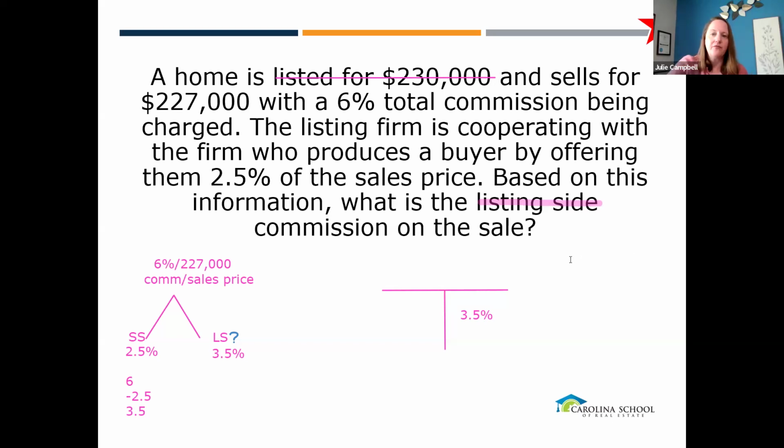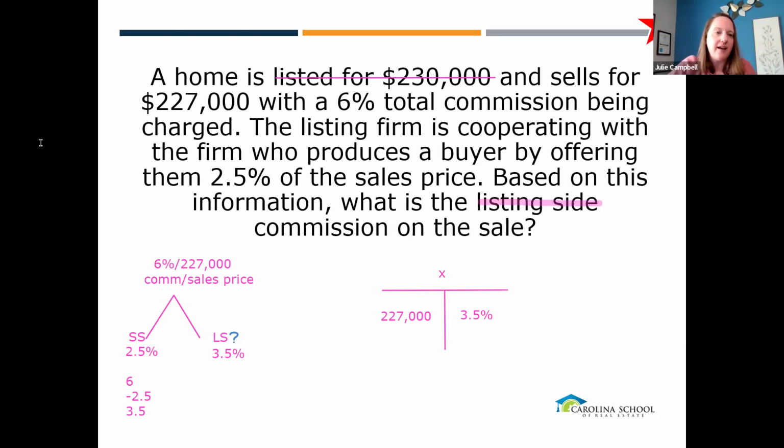So now we can fill in the rest of our T-bar, part over the whole. So I'm dealing with what the listing side's getting, and I'm dealing with the sales price. Which one's smaller? What the side is getting. So that tells me that's my X. Remember, when you're working down the map, you multiply. So that may help you set up your T-bar as well. The up-down line in the T-bar means multiply.